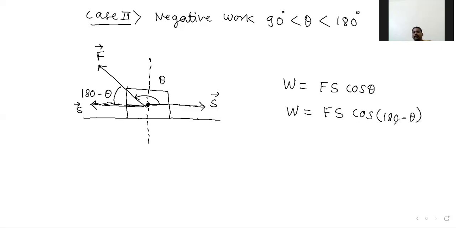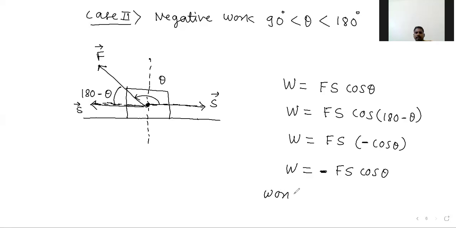So cos 180 minus theta is minus cos theta. So therefore, force into displacement into minus cos theta. So work done is minus F s cos theta. So in this case, the work done is negative.